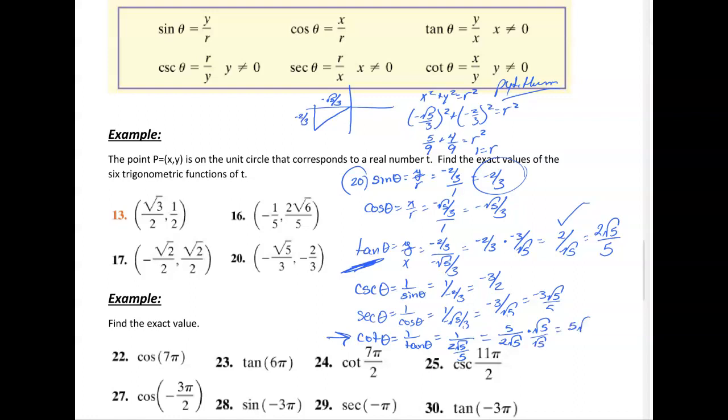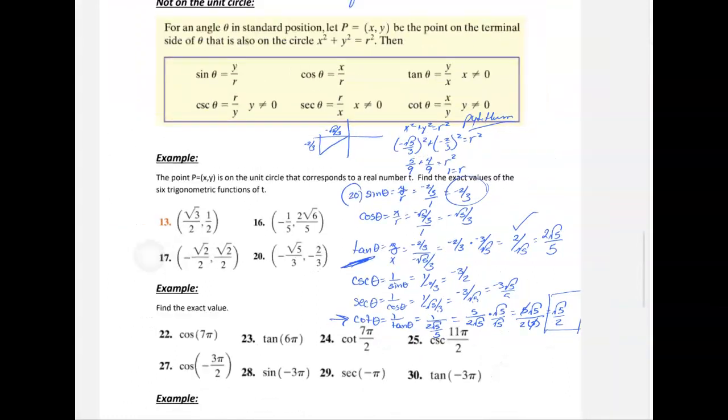We have 5 square root of 5 over 2 times 5, which is 10. And you can see that the outside 5 cancels with this 5. So we get square root of 5 over 2. So make sure you correct those mistakes when you're writing your notes. Sorry about that. So we have found all 6 trig functions for those points, and those points were on the unit circle.